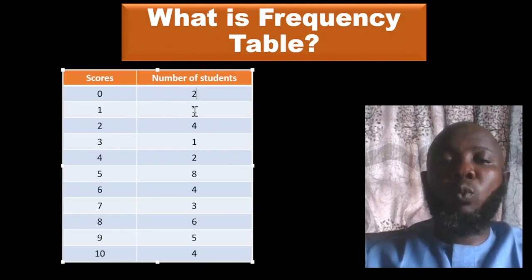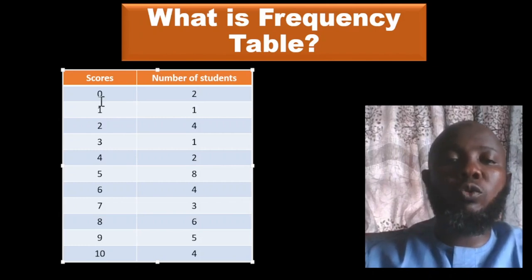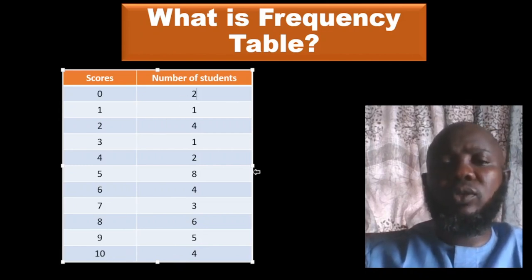While 1 in front of 1 means only one student scored 1, and only 4 students scored 2. One student scored 3, 2 students scored 4, 8 students scored 5, then 4 students scored 6, 3 students scored 7, and so on and so forth. So 4 students scored 10 marks. That is what is referred to as a frequency table.